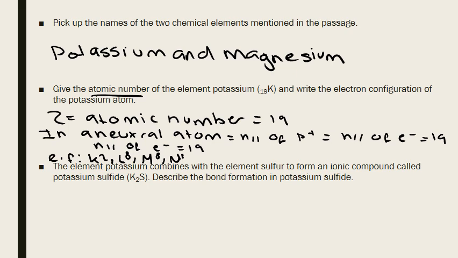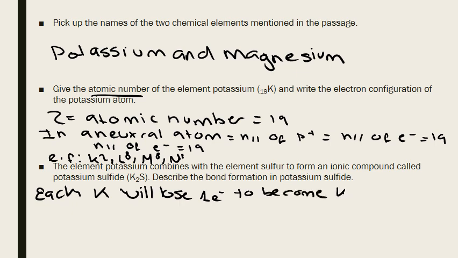So it says the bond formation, so we don't draw the Lewis dot symbol or the chemical formula, we just write each K will lose one electron to become K+. S will gain 2 electrons to become S2-.